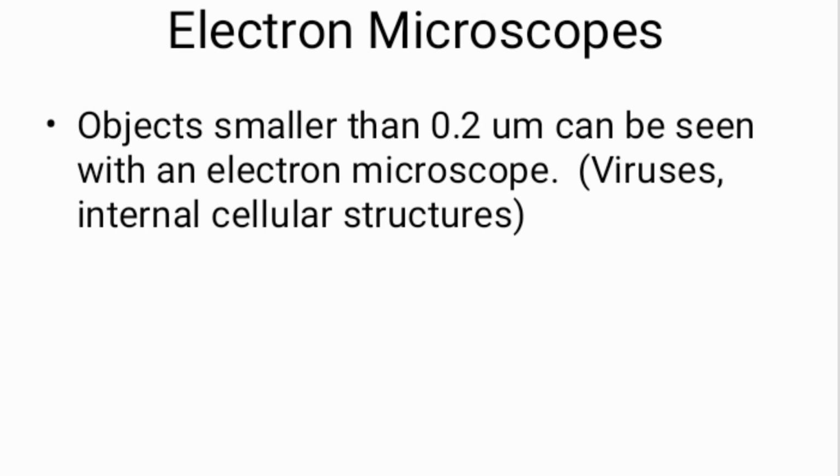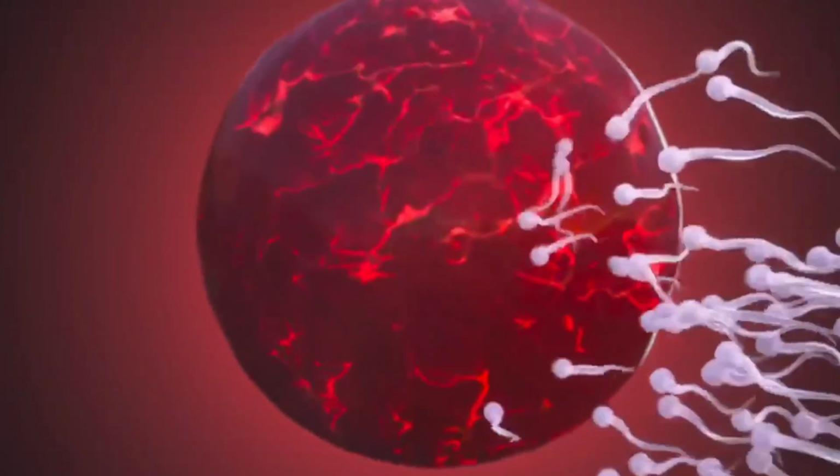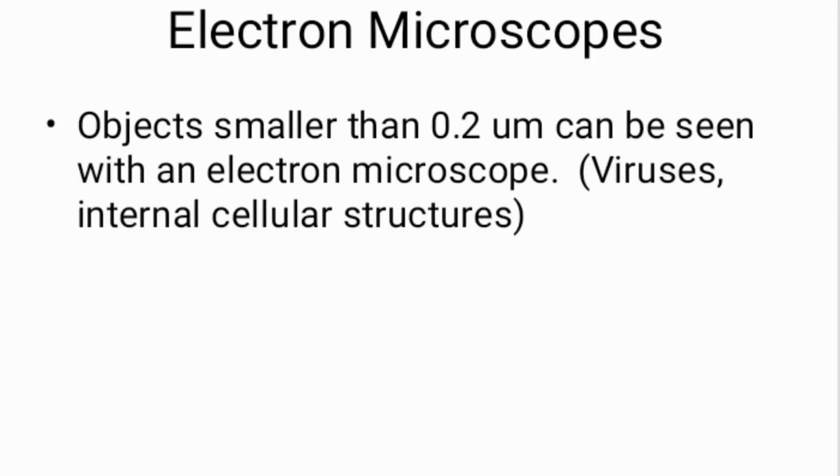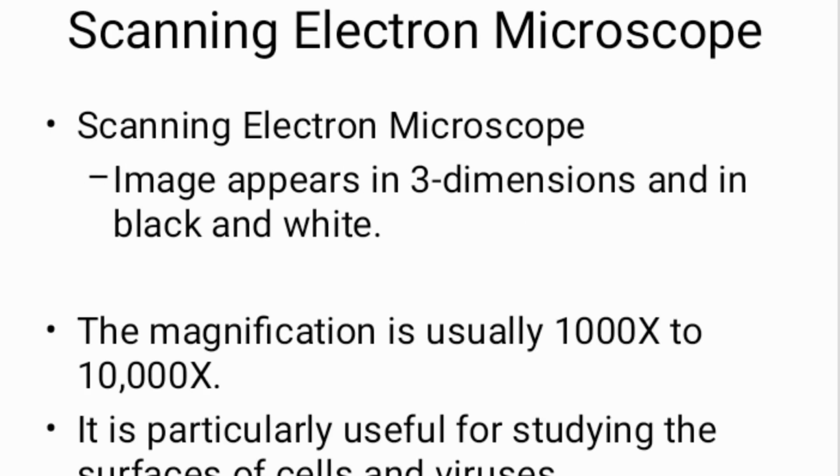Electron microscopes. Objects smaller than 0.2 micrometer can be seen with an electron microscope. Example, viruses, internal cellular structures. Scanning electron microscope.